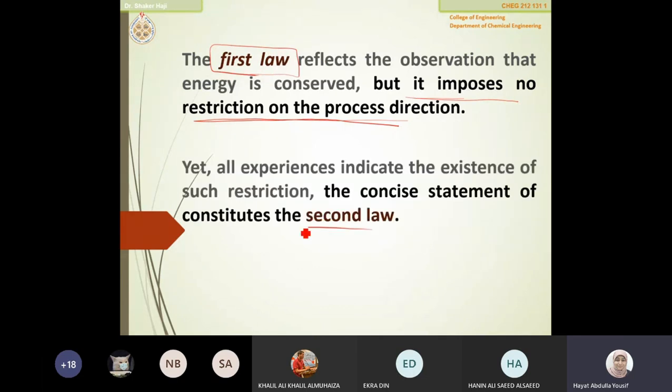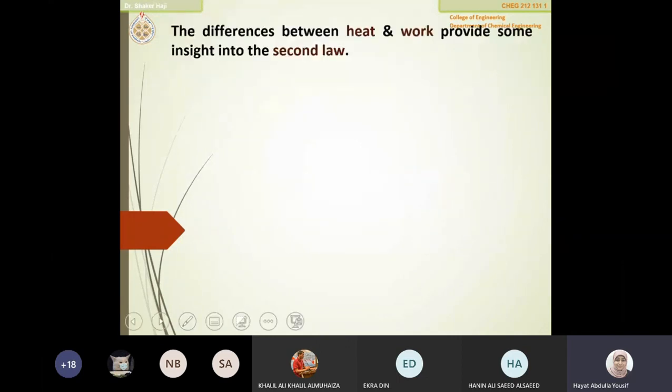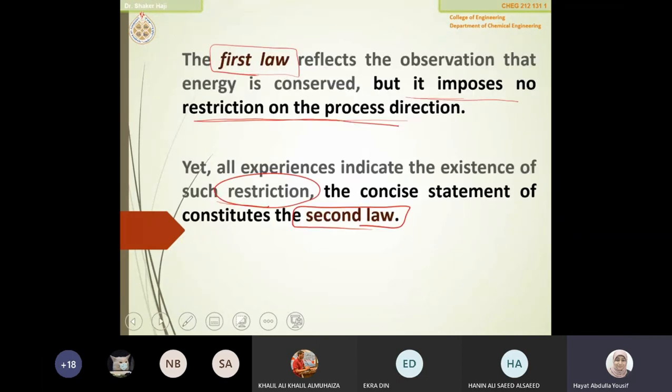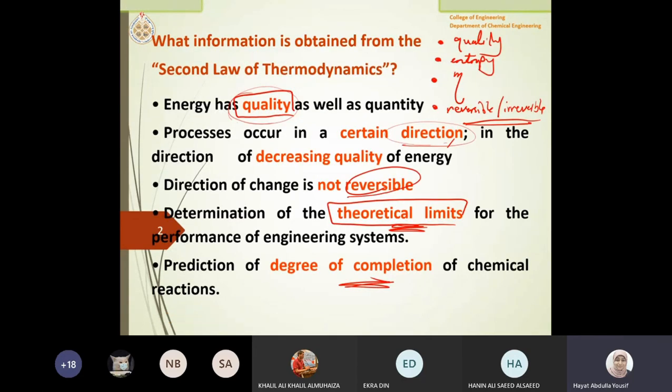So that's why with the second law we will add these restrictions. Okay, we are trying to be closer to reality, and that's why we will add those restrictions. So because of that, I have to talk about the quality and talk about the direction.